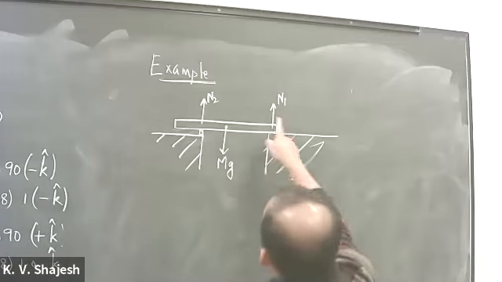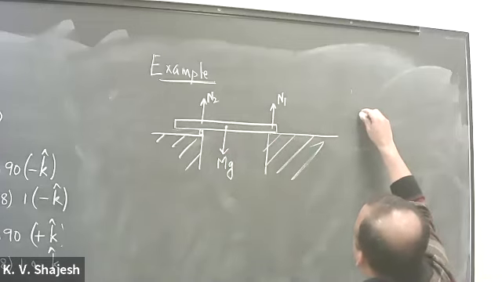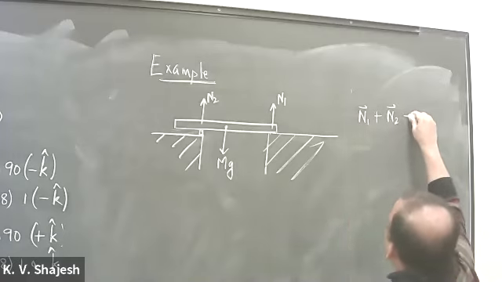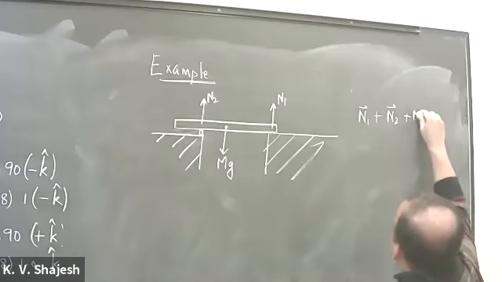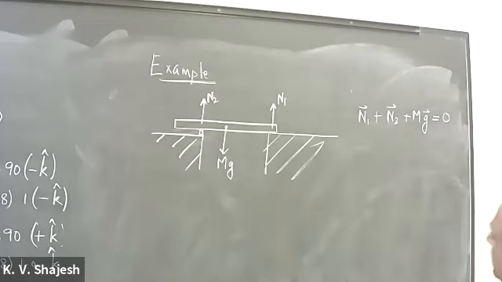And you immediately would say, okay, if we use Newton's law, the standard Newton's law, we would say N1 plus N2 plus mg is equal to 0 because it's not moving, right? No acceleration.